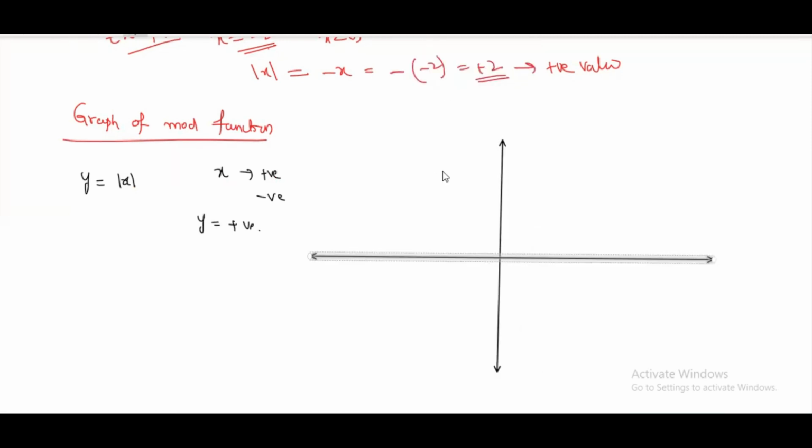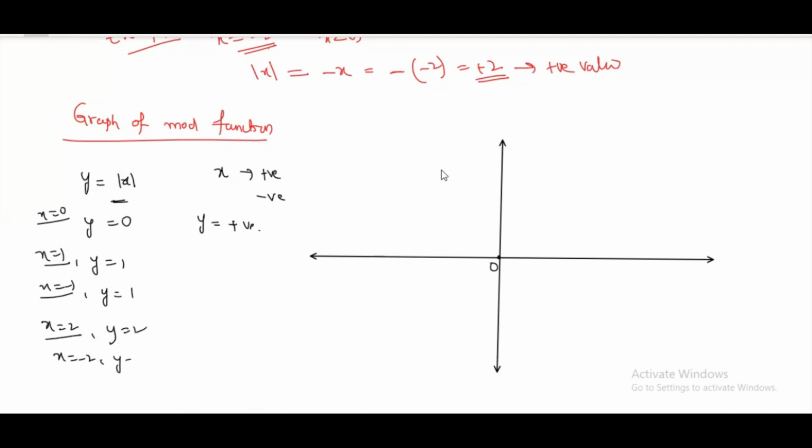When I put the values, if I substitute x value 0, I'll get y value 0. x is equal to 1, y is equal to 1. x is equal to minus 1 also, y will be plus 1 only. x is equal to 2, y is equal to 2. x is equal to minus 2, y is equal to 2. Like this we get in the modulus function.